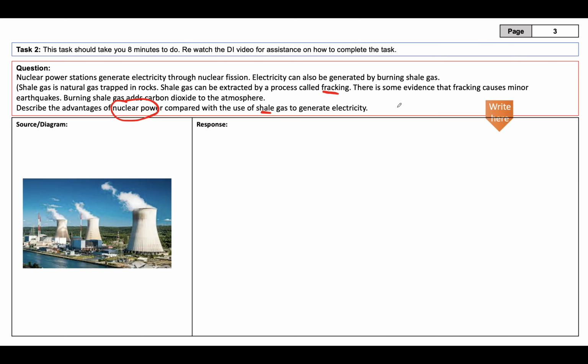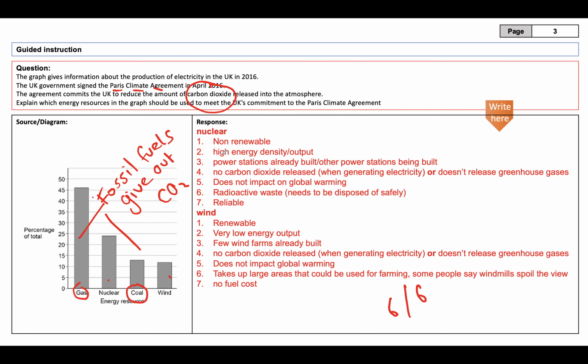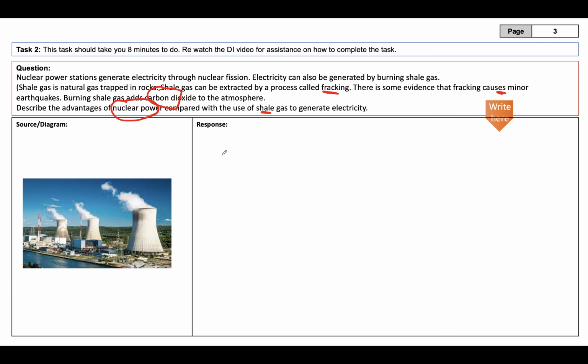That doesn't sound good. It causes earthquakes, and it adds CO2 to the atmosphere. So we need to say that shale gas isn't good because it does these things, whereas nuclear power is good because of these reasons here. So use what we've spoken about before to structure your response.